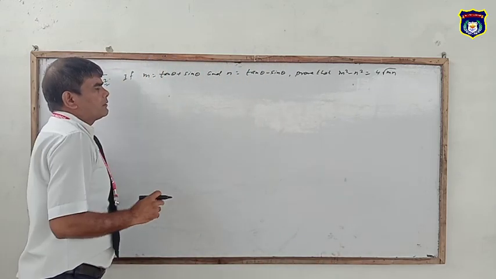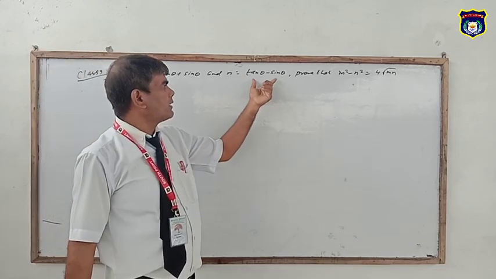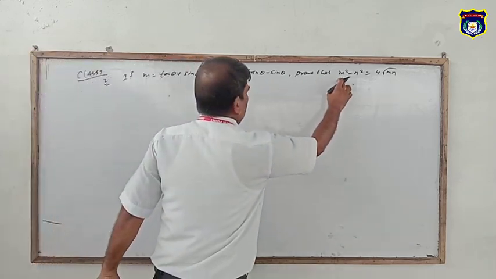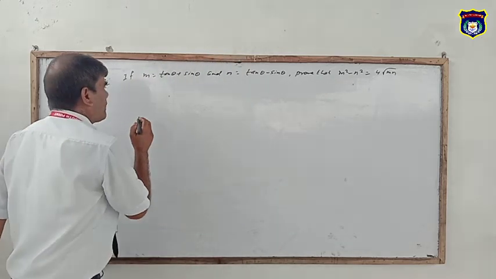Here m is equal to tan theta plus sin theta and n is equal to tan theta minus sin theta, and LHS is m square minus n square.